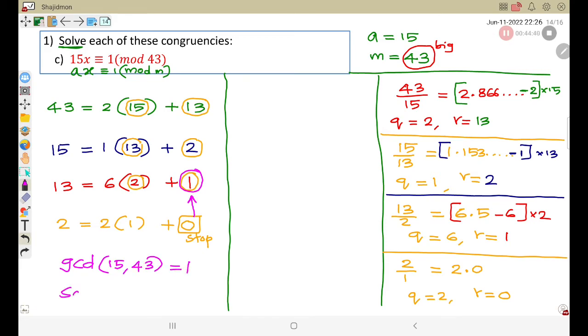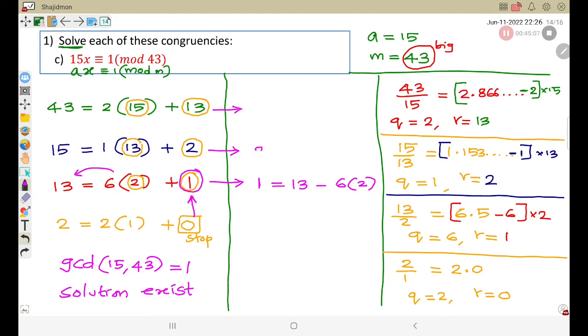So the solution exists. Correct? The inverse exists. Now we write these steps in reverse order, this and this, correct? So from here, 1 is the remainder, so 1 equals 13 minus 6 multiplied by 2, taking 6 multiplied by 2 to the other side.